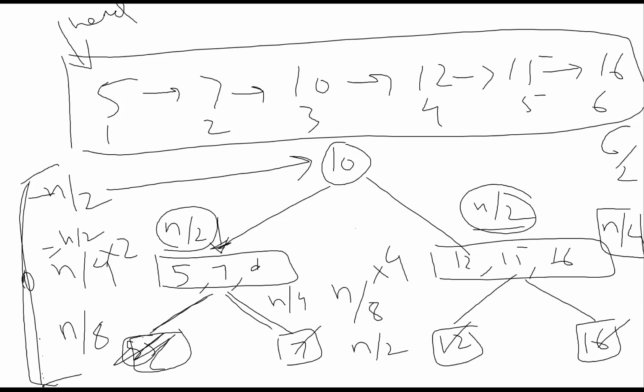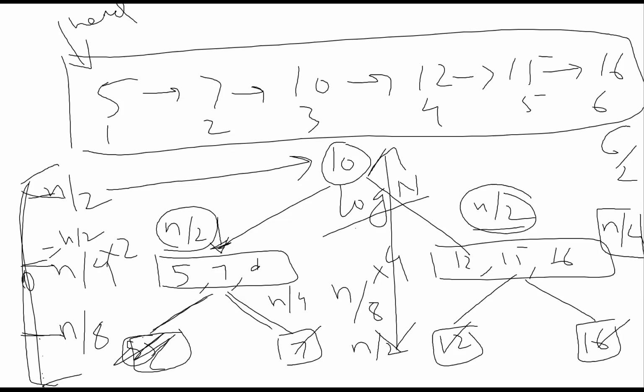So at every step, we are doing n by 2 computations. And we know the height of this one will be log n. Even after splitting it into multiple branches, we are doing n by 2 calculations at each level.